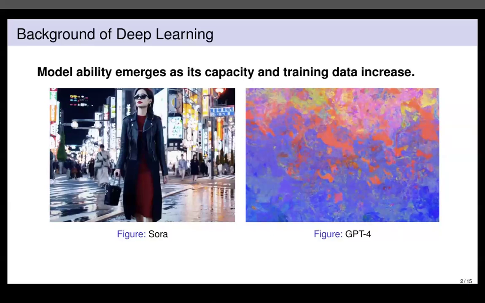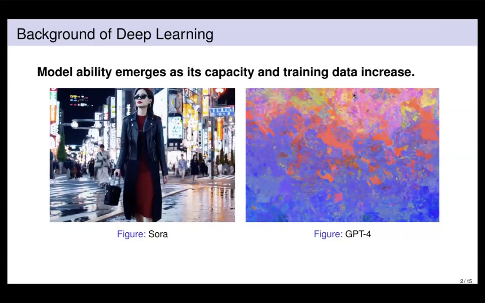It can generate high quality videos, but it's based on a huge model and training data. And on the right is also a popular generation model, GPT-4. I think maybe all of you know these two models.